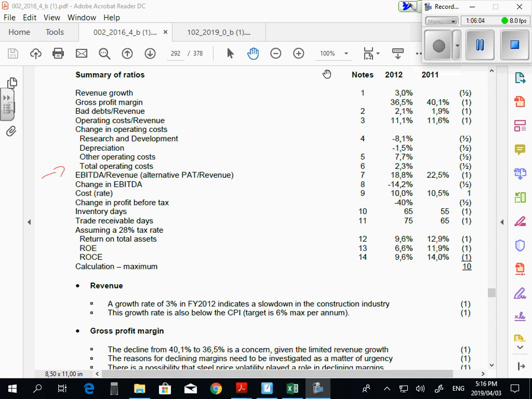Okay, guys, so this was only a one marker. What do you think the one mark says? It's increased, no mark for that. Because you don't get a mark for saying it's increased, which means what? What happens if the bad debts are getting worse? It means more people are defaulting on paying me.